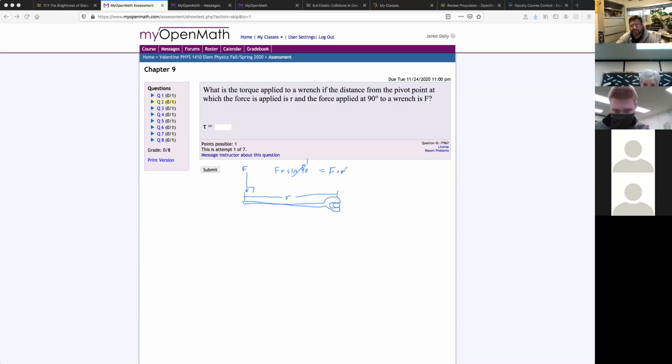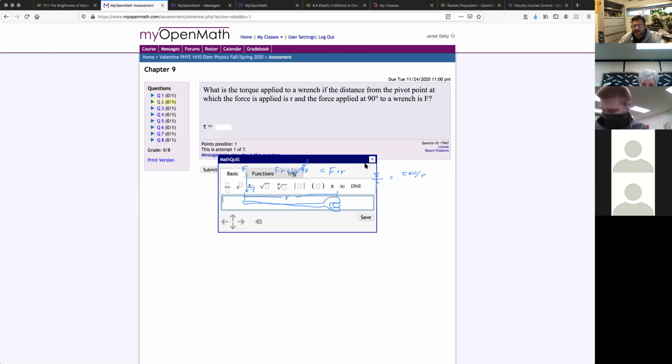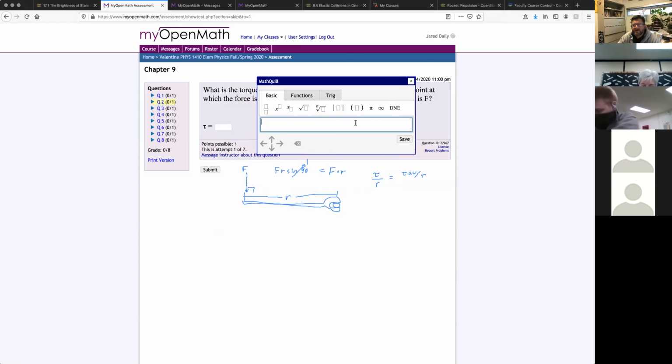Then you would move stuff over, because mine wants the force. If you wanted to calculate the force, then you would divide by R and you would get torque divided by R. Go ahead and write it as tau divided by R. You might use these little things in here where you can actually choose some expressions.